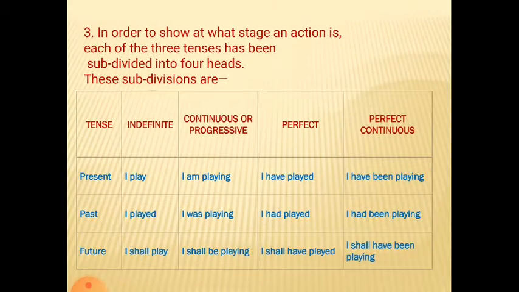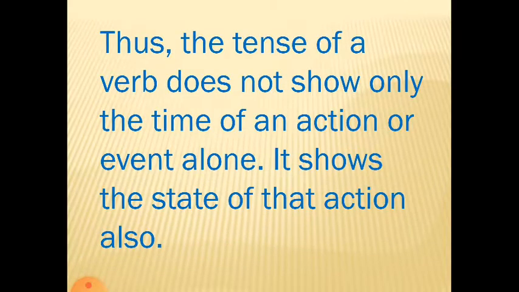So, we can frame sentences out of this further with the other tenses in the present tense, past tense and the future tense. Thus, the tense of a verb does not show only the time of an action or event, it shows the state of that action also.